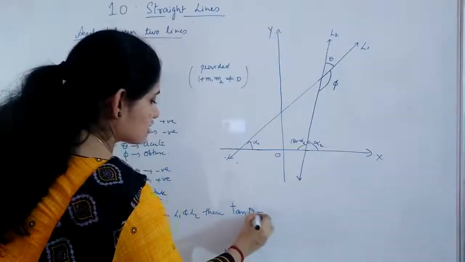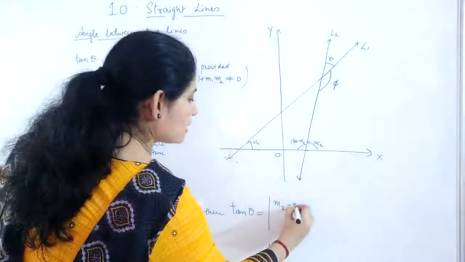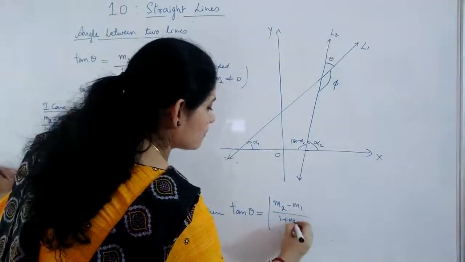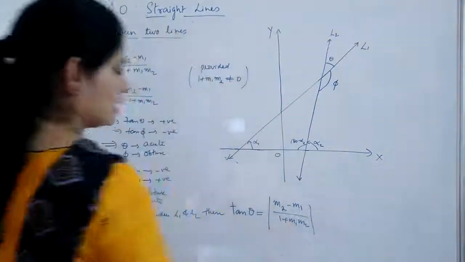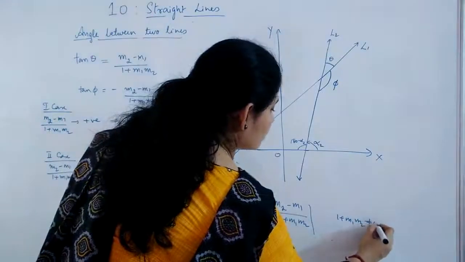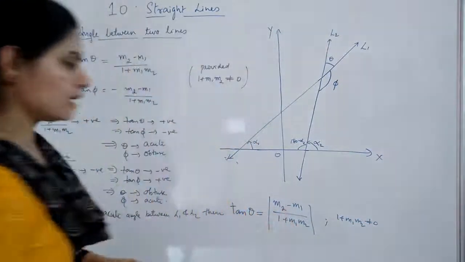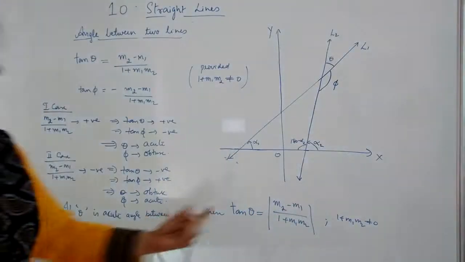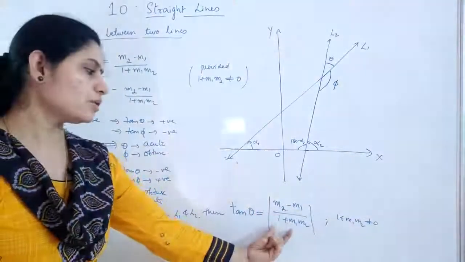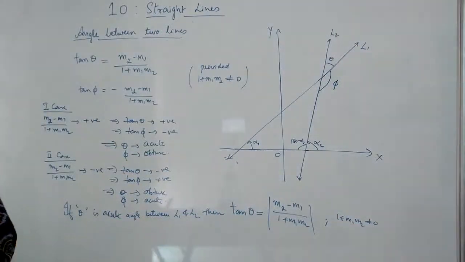Then tan theta is equal to modulus of (m2 minus m1) by (1 plus m1 m2), provided 1 plus m1 m2 should not be equal to 0. So why we are doing like this is, if we are getting tan theta and if it is giving you a value, you can find out the obtuse angle also by using the concept 180 minus theta. Okay.